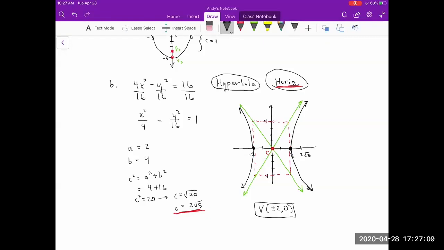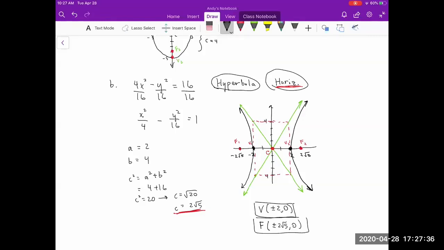If you travel in the negative direction, you get negative 2 radical 5 comma 0. So where these are the vertices, V1 and V2, these points here will be the foci, F1 and F2. So I can just label the foci F as plus or minus 2 radical 5 comma 0.